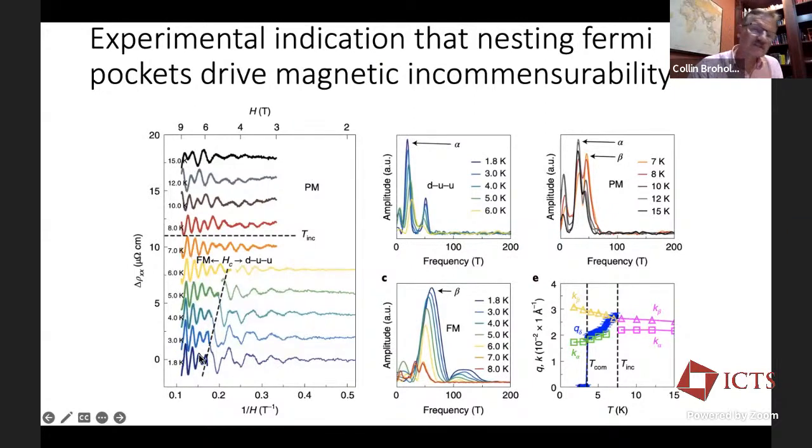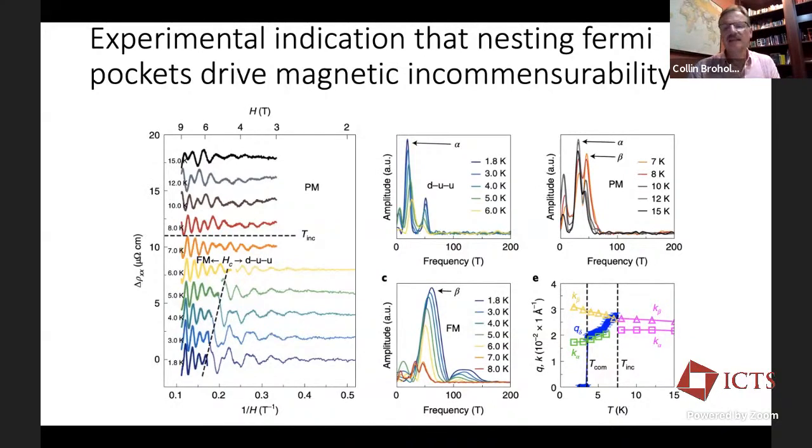And by Fourier transforming those data, we then get the oscillation frequencies as a function of magnetic field, which is shown in these two sketches. And then, as you know, the oscillation frequency is related to the extremal cross-sectional area of the pocket that's involved in the oscillation.